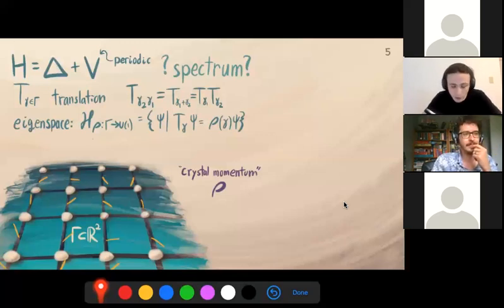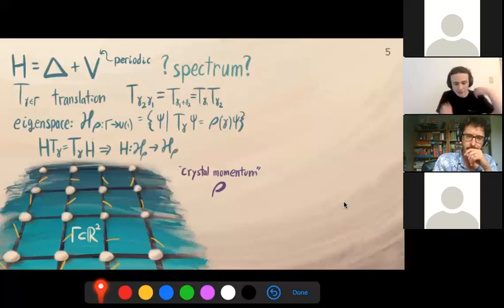For a given choice of that, I can consider the subspace of Hilbert space consisting of functions which transform according to that, which have this property that when I hop over one lattice cell, I pick up the specified phase. Right? You can kind of see that down here. As I move over one, it always just rotates a little bit, right? And this is called the crystal momentum.